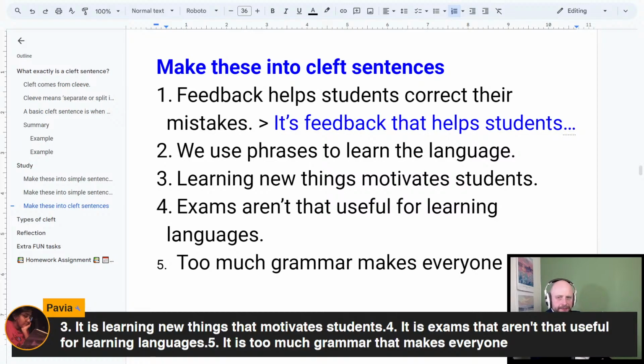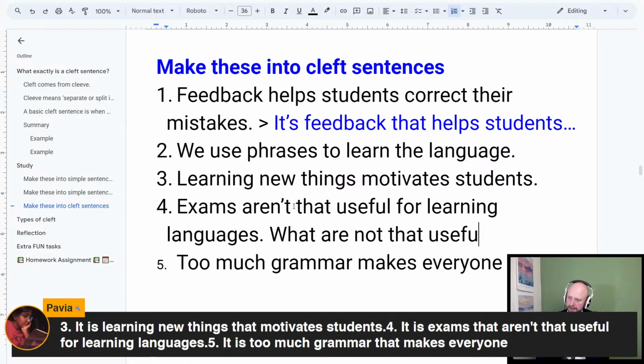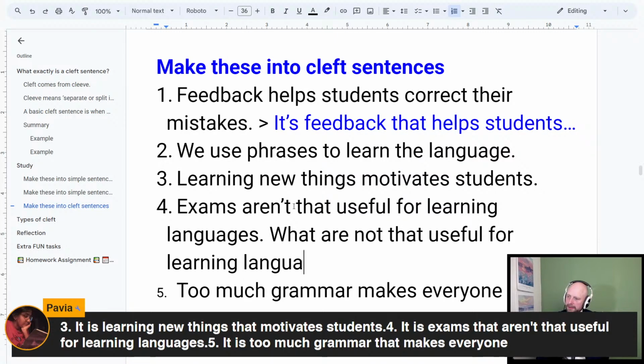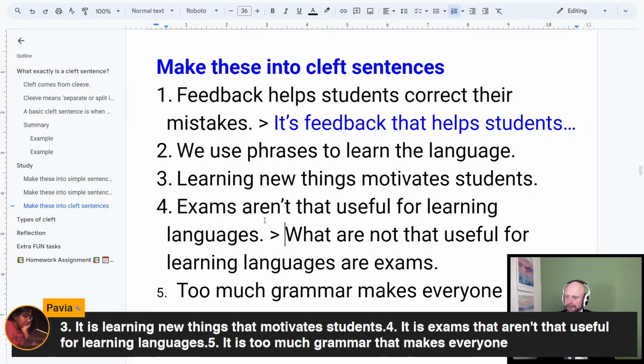I would say, what's not that useful for learning languages are exams.